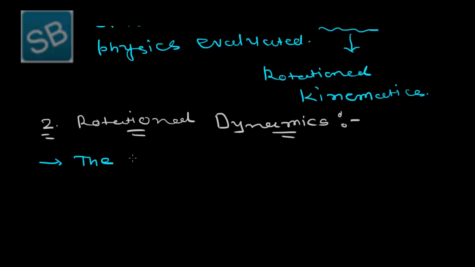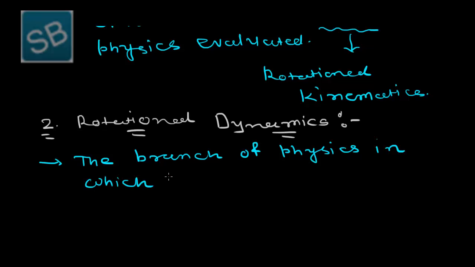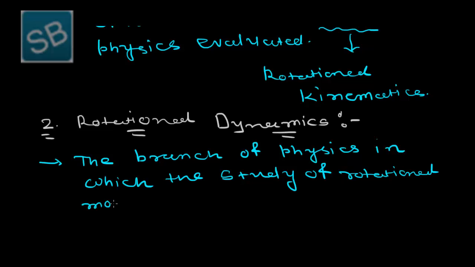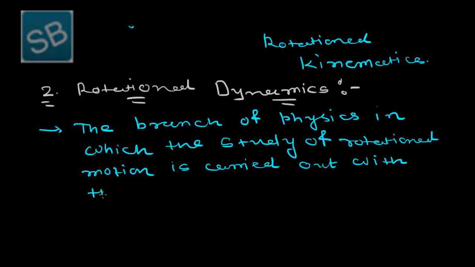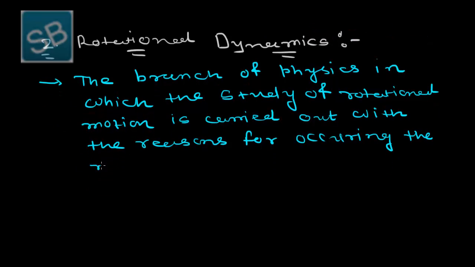The branch of physics in which the study of rotational motion is carried out with the reasons for the motion, or we can say for the occurrence of the motion, is called rotational dynamics.